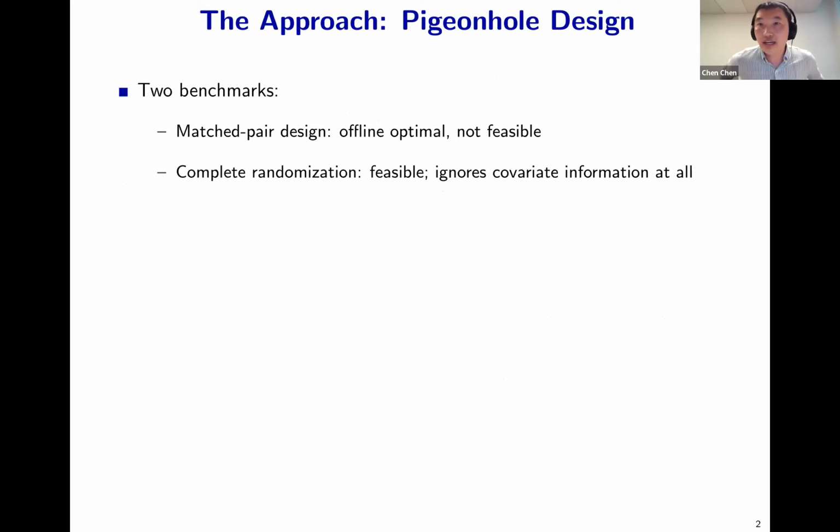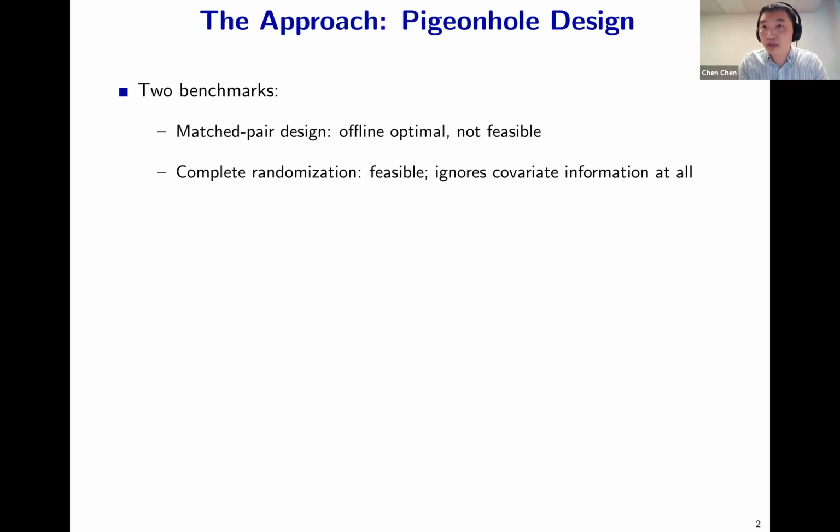As Jinglong said in his talk, here we have two natural benchmarks. The first benchmark is the optimal solution to the offline problem, where all the experimental units are given at time 0. This corresponds to the classic matched pair design, but it is not feasible in the online setting. The second benchmark is complete randomization, which is a gold standard, where we simply uniformly at random assign half of the indices to the treatment group.